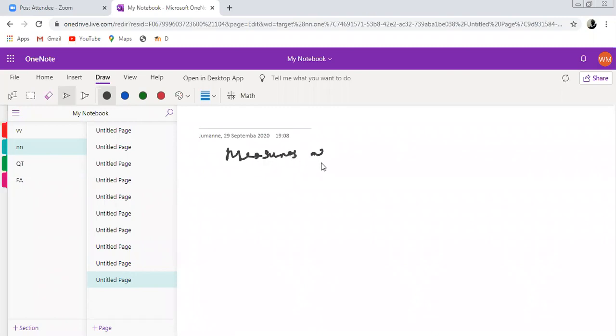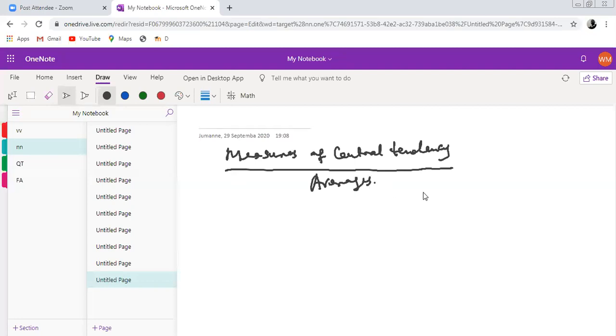Measures of central tendency. They are also known as the averages. Quite often, you have come across terms like the mean, the median, the mode, from the time you joined primary up to high school.